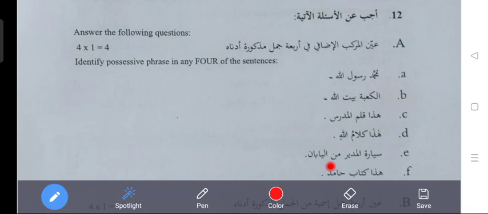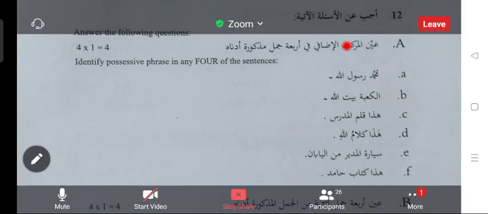If it is not carrying al, then it may be the name of a person, like Hamid here. Kitabu Hamid, Hamid's book, the book of Hamid, is a possessive phrase, meaning al-murakkab al-izafi. So we have to copy Kitabu Hamid in the answer sheet, then write al-murakkab al-izafi. Got it?